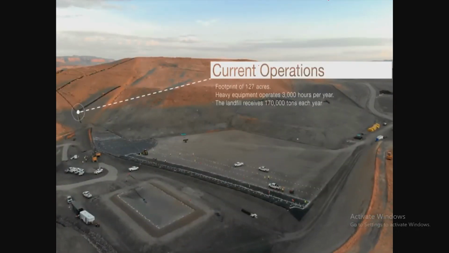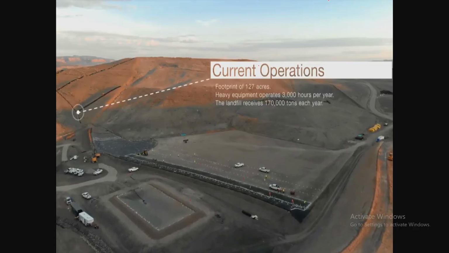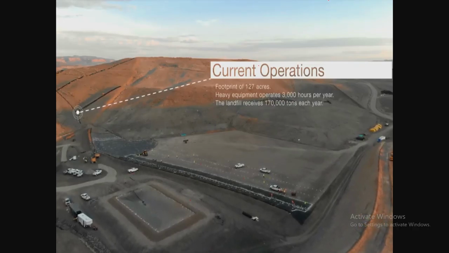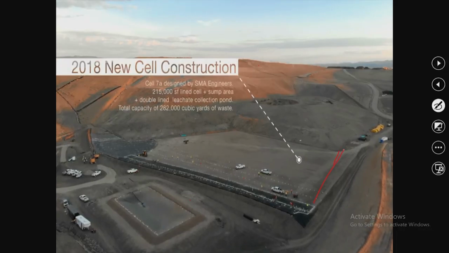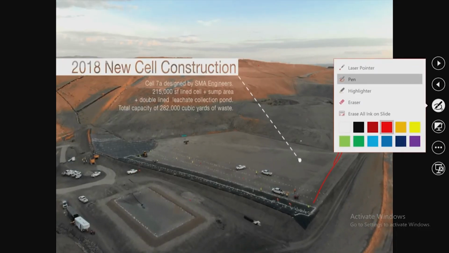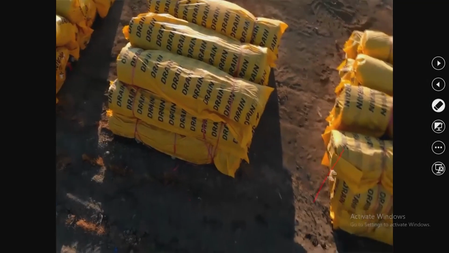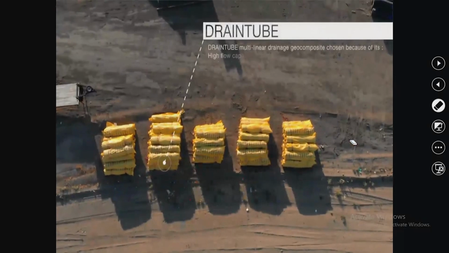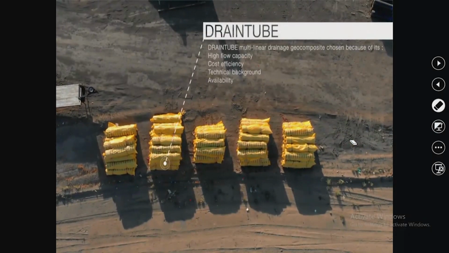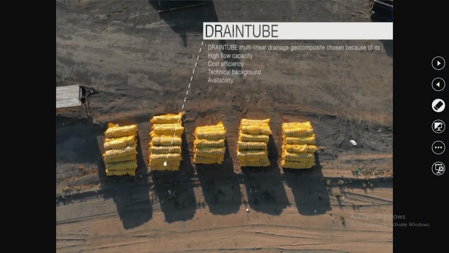So, you can see here the landfill area. This is the particular landfill area. So, this is the drainage tubes.